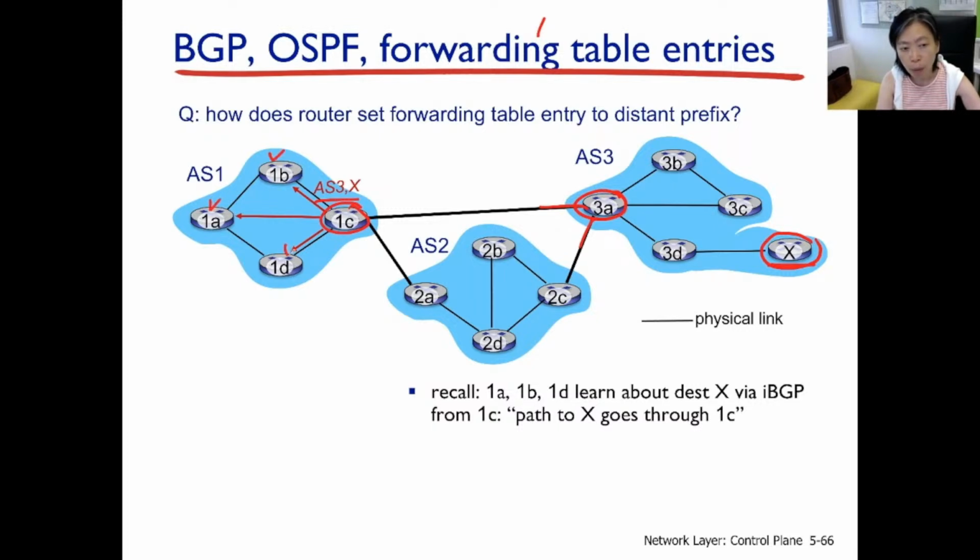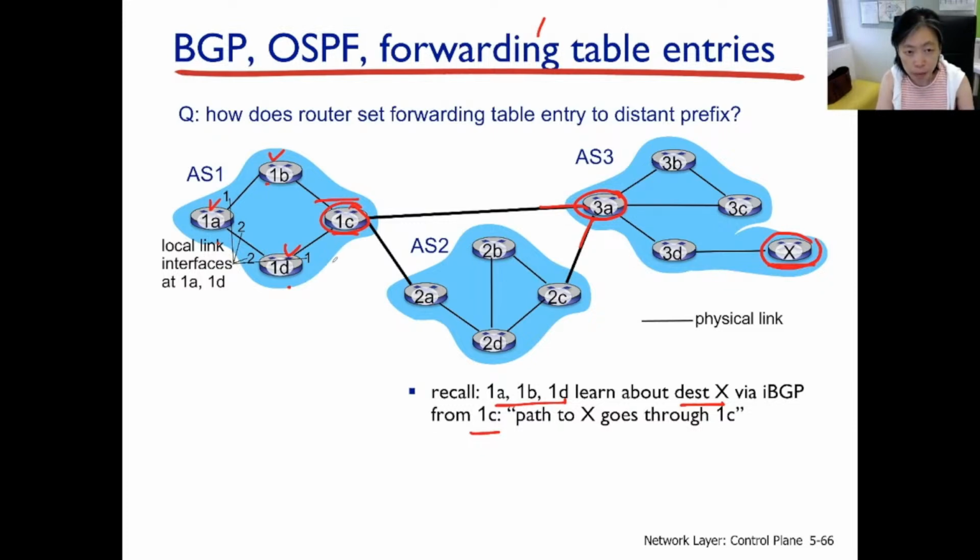So 1A, 1B, and 1D will learn about the shortest path to destination X from 1C. And what 1A, 1B, and 1D will do is, well, if I ever receive any packets with destination X, then I will forward the packet towards 1C, the border router, where they received the AS path from.